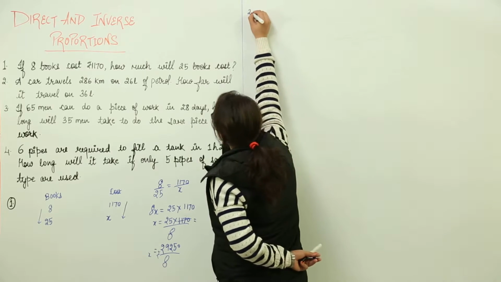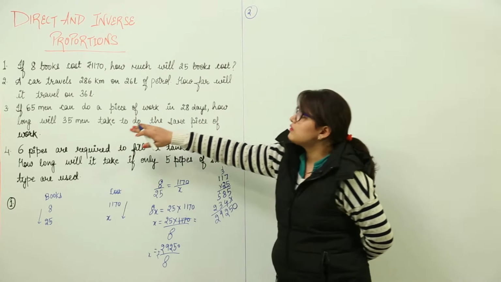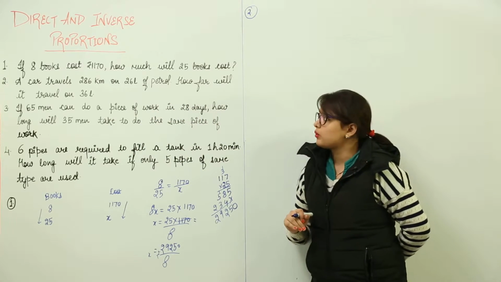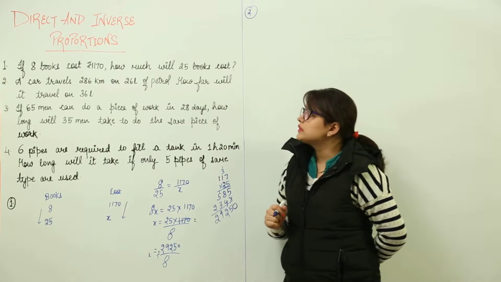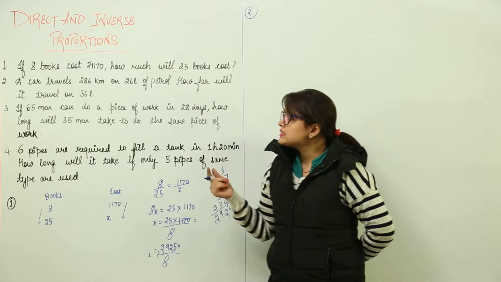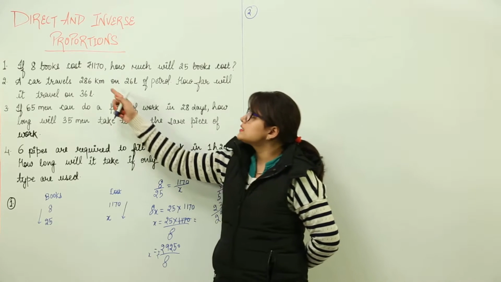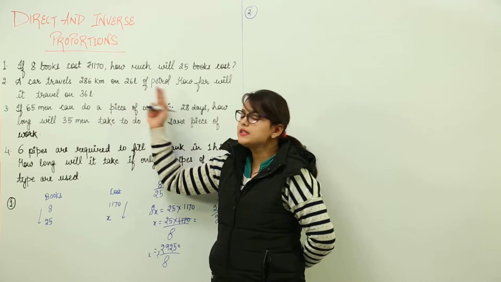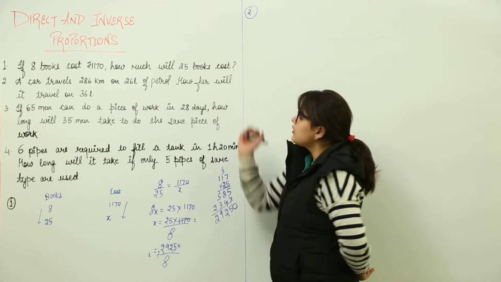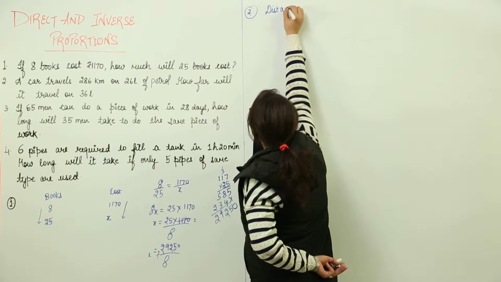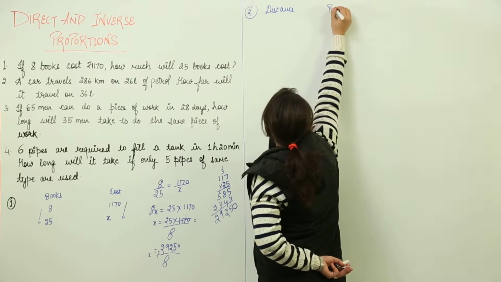The second question is saying that a car travels 286 kilometers on 26 liters of petrol. How far will it travel on 36 liters? Now let us discuss which two quantities they are talking about. Obviously, it is the distance and amount of petrol. So I will write the distance and the petrol in two sections, right?